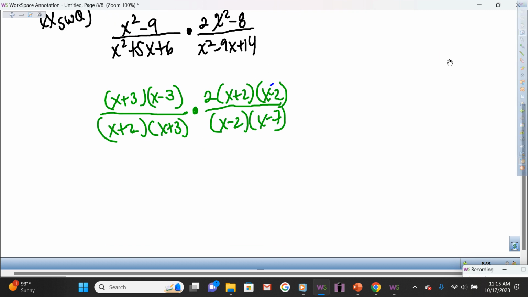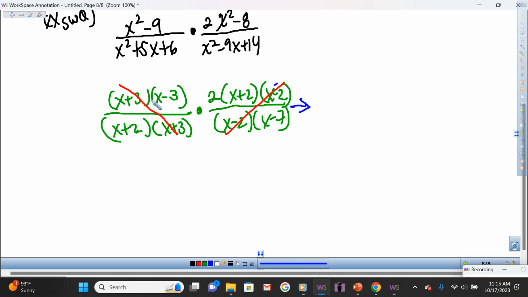Whereas this second method is very similar, except for, look up, once you have your factors before you multiply, we can actually simplify. So, can I simplify this fraction? Yes. Can I simplify this one? Yes? Then we multiply.